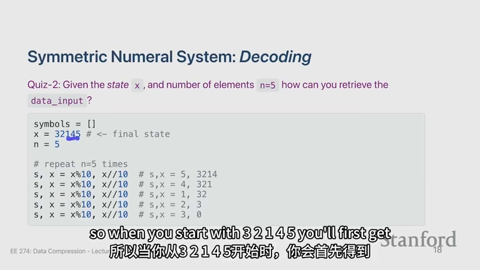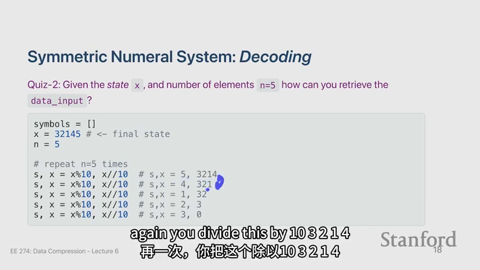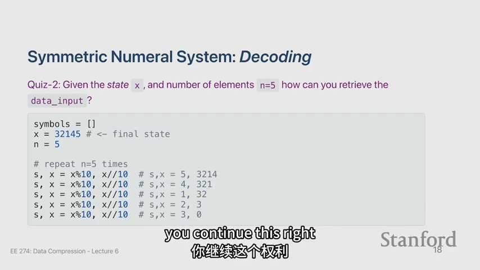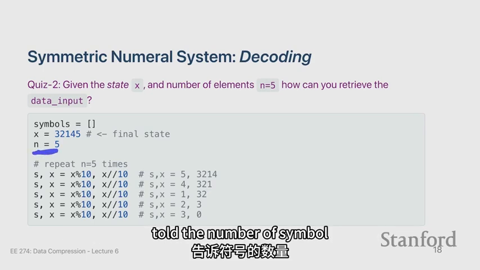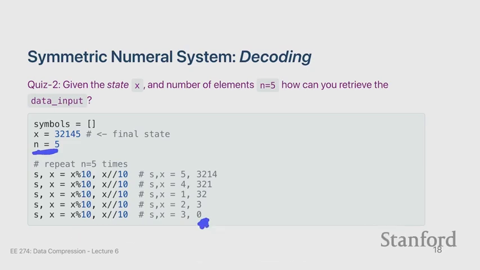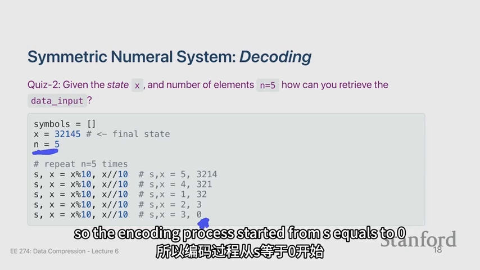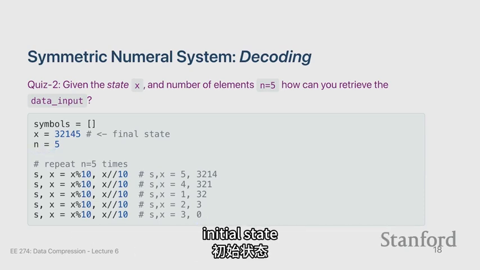So when you start with 32415, you'll first get the symbol 5 and the previous state 3241. Again, you divide this by 10, and you continue this, right? And you know where to stop because either you were told the number of symbols or you get back to some initial state where you started from. The encoding process started from s equals 0, you recover that and you can stop. Okay, I got back to my initial state.